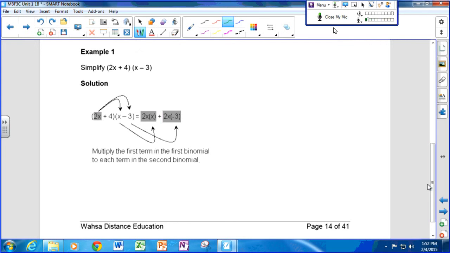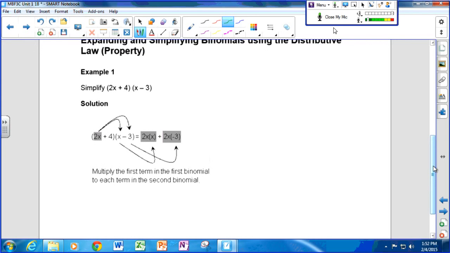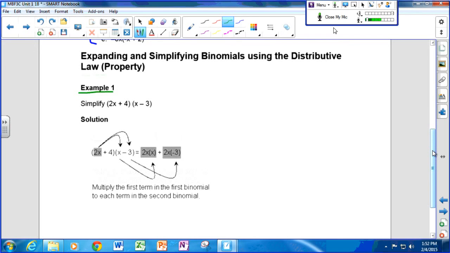Now, we're just going to get started on this, and we really don't have time to really talk about this, but the second part of this using the distributive property is indeed what we call FOIL. Okay.